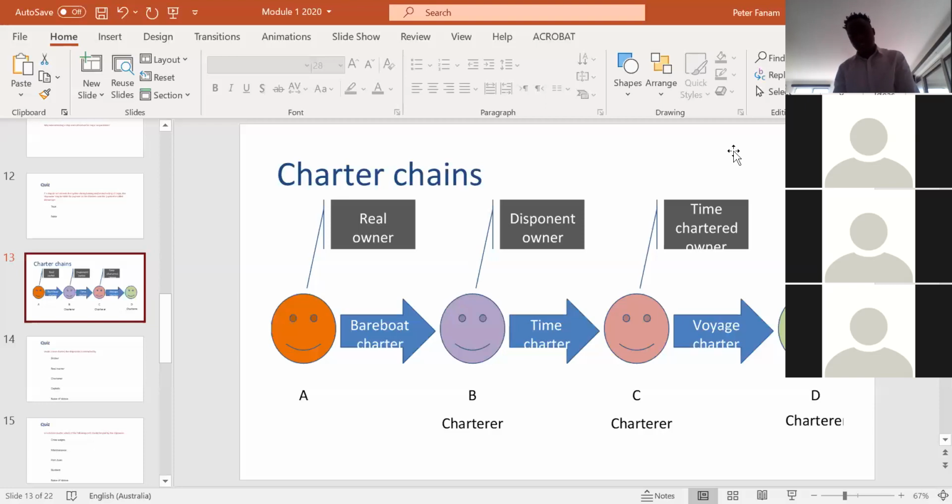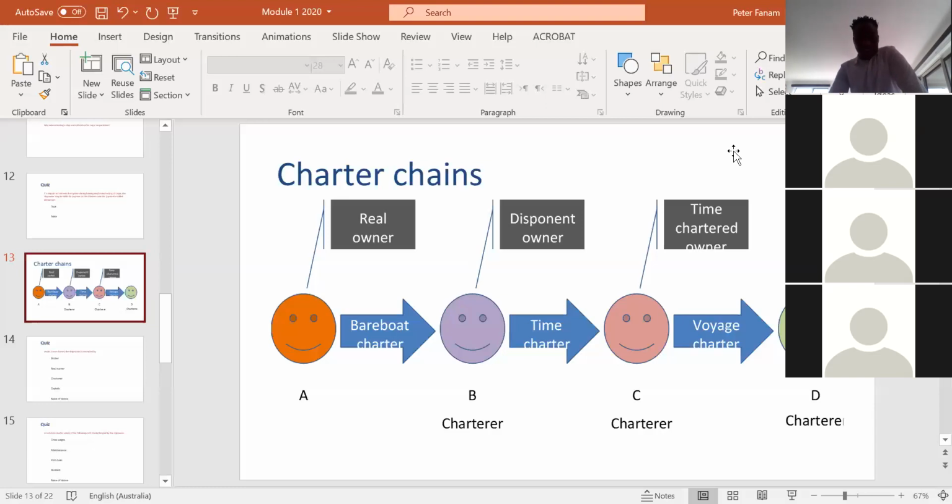Can B approach D, or can A approach D and say, the vessel is my own, B is not paying me, so I need to claim the money that B is not paying me? We shall discuss this in detail in our subsequent modules. In this content in module 1, we will not cover that aspect. We'll cover it in the subsequent module 5.